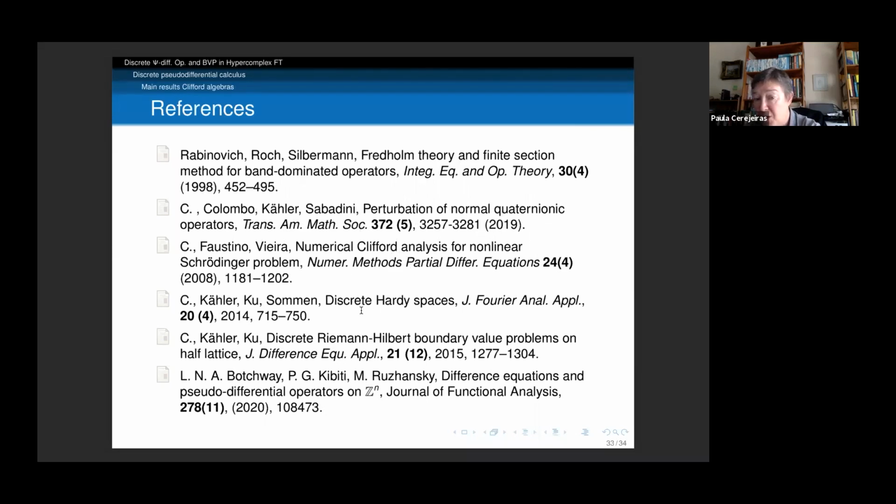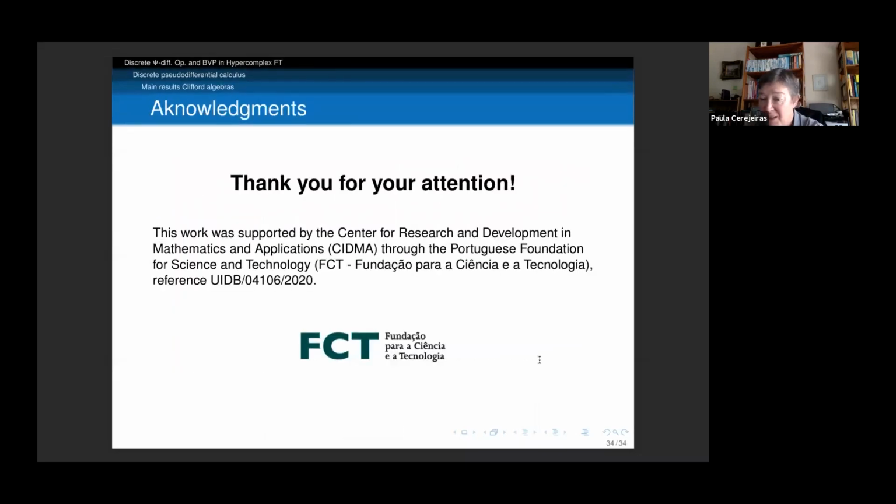These two were developing the study and applications for the discrete Hardy spaces and boundary value problems. And the last one was the paper that gave the idea of constructing these pseudo-differential cases for discrete operators. So maybe I have been too fast, but I'm quite sure that everybody enjoyed that.